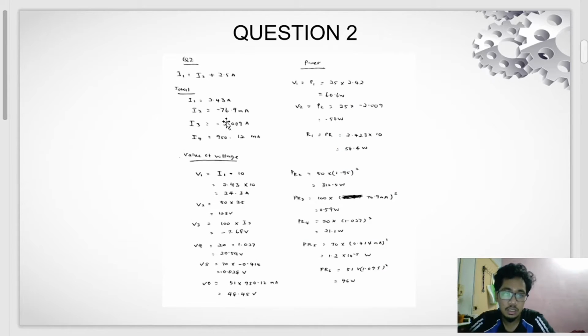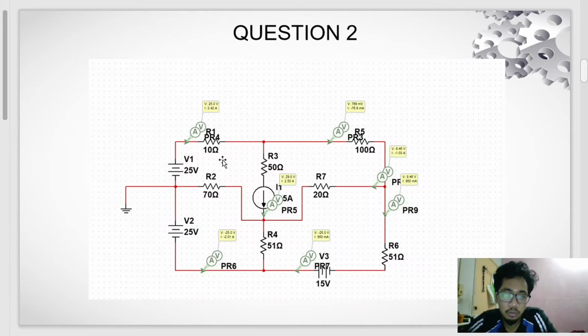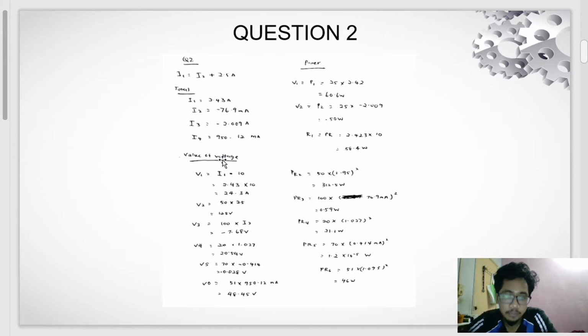The second one is negative 76.9 microampere. The third one is negative 2.1 ampere. The fourth one is 950.12 milliampere.